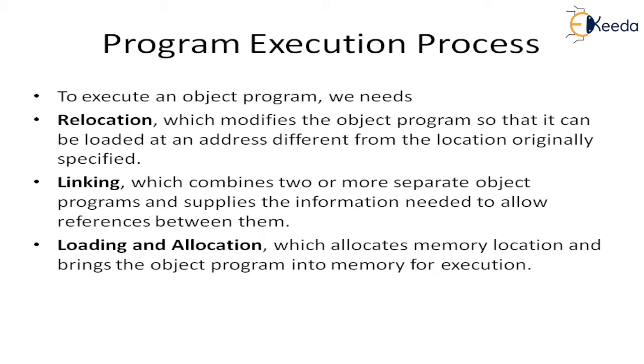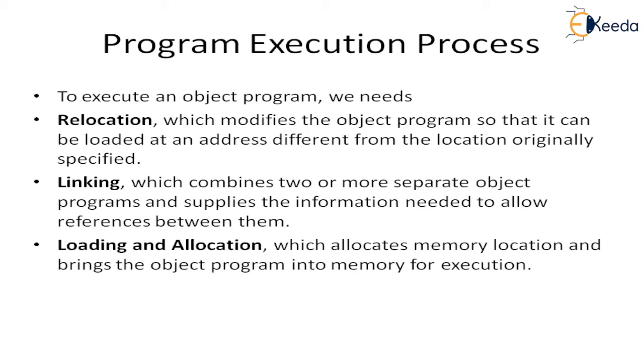Again the same concept: we modify the object program so it can be loaded at an address different from the location originally specified. Means from the original location we can load that program to another location, which is called relocation. The second step is linking, in which we combine two different object programs, also add the libraries into that program, and supply all the information needed to allow references between them.